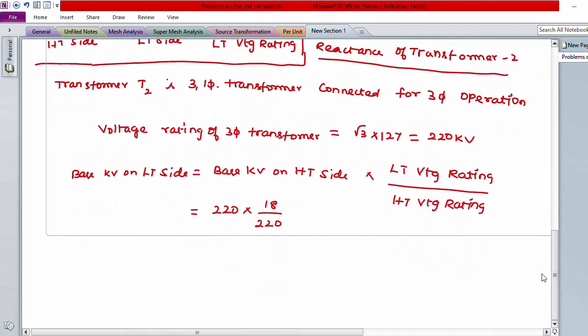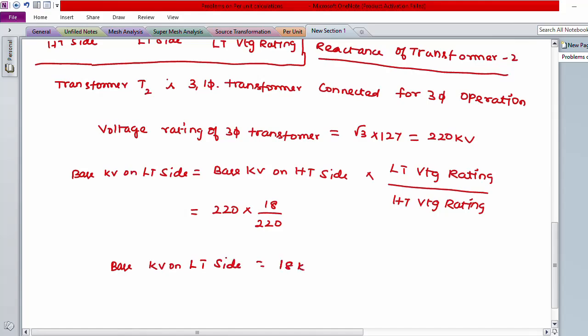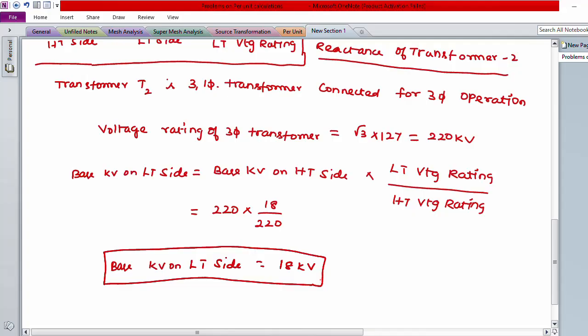If we cancel this, the base kV on LT side is equal to 18 kilovolt. By using this voltage, you can calculate the reactance for transformer 2 or you can calculate the reactance for generator 2.